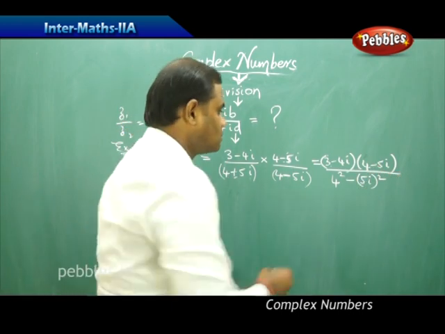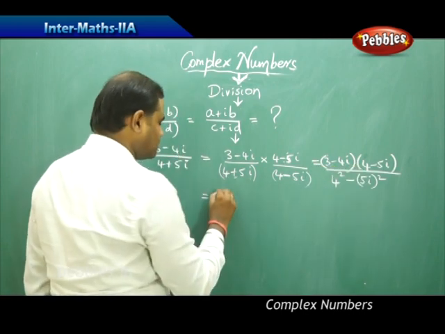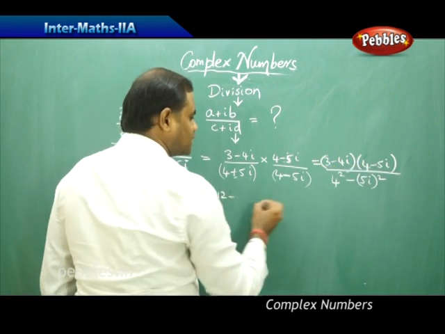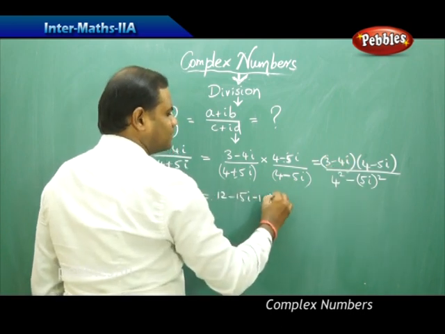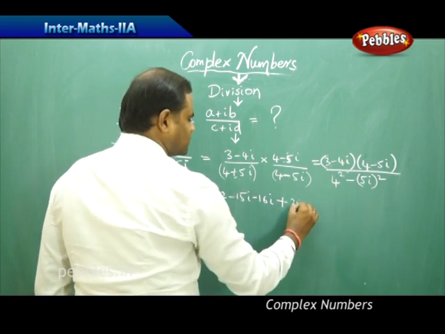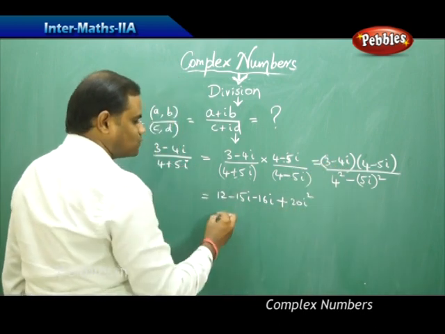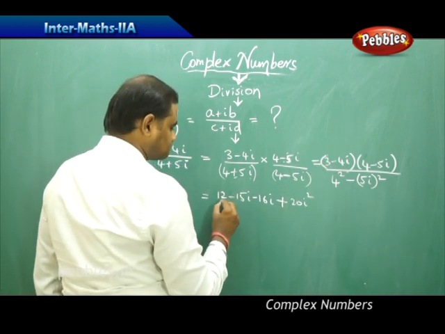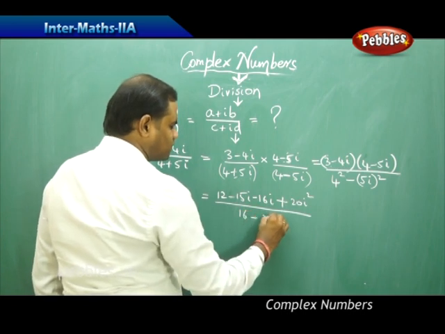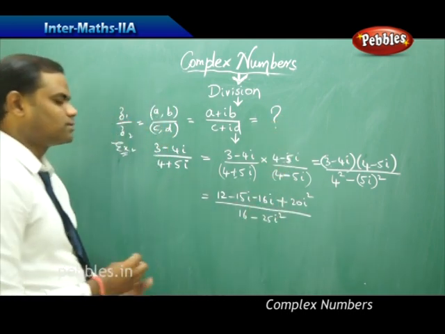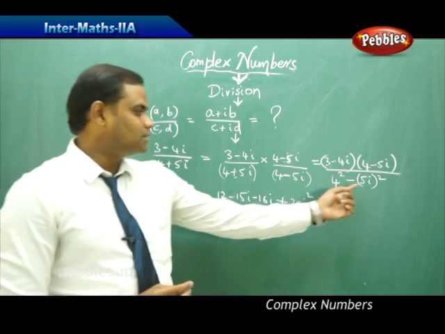First 3 multiplied with this: 3 fours are 12, minus 3 fives are 15i, minus 4 fours are 16i, plus 5 fours are 20 times i square is what I get in the numerator. And then this being 16 minus 25 i square is what I get in the denominator.